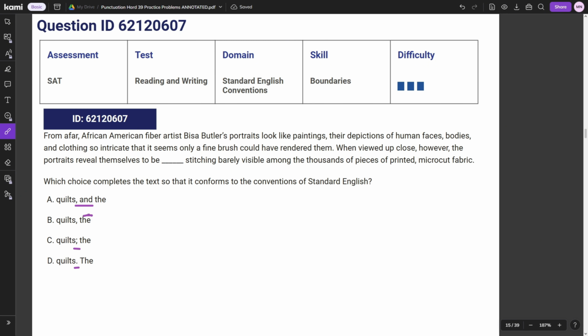I mean, they all have the word "the" after them. Nothing else changes, other than the comma and the fanboy, but that's the whole point. Anyways, once again, they all connect two independent clauses or two complete sentences. They all do the exact same function. None of them do it better than the other, so we wouldn't really be able to choose between any of them, which means we don't choose any of them at all. So we can go ahead and cross all those out, and our answer will be B.